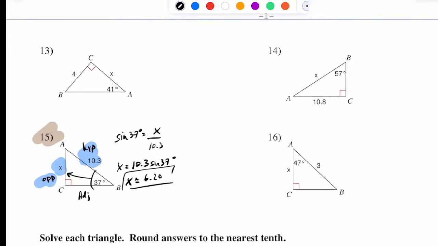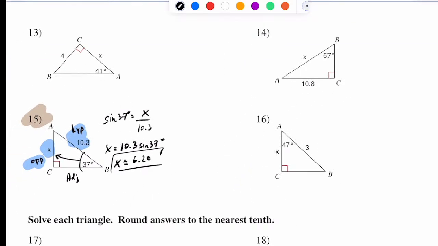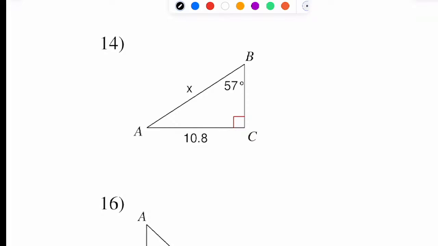I can grab another one. Perhaps 14. Yeah, let's look at 14. It's a little bit different if you are looking at 14 here.